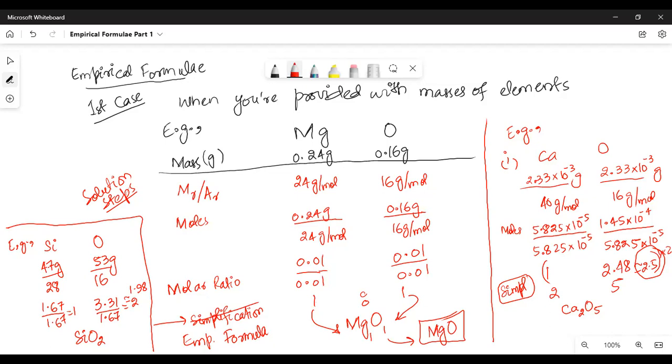Now, the rule of simplification is pretty easy.